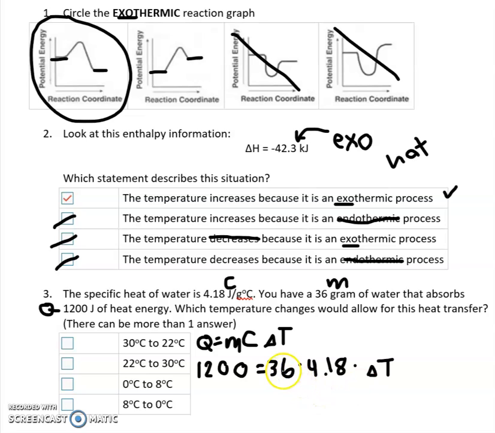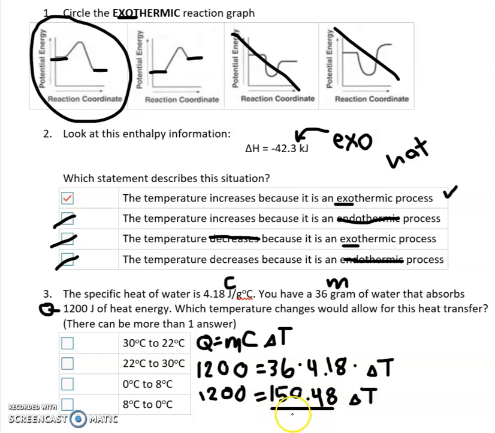I'm going to multiply 36 times 4.18, and that is equal to 150.48. I still have delta T on this side, and I still have 1200 on this side. Because I'm solving for delta T, I have to divide both sides by 150.48.